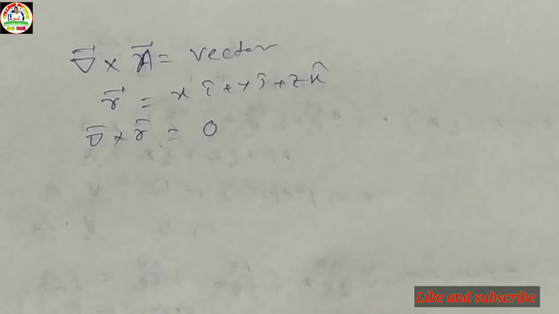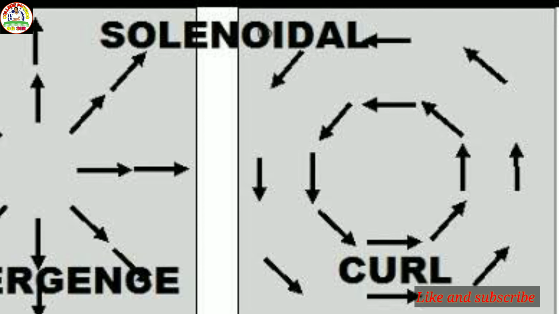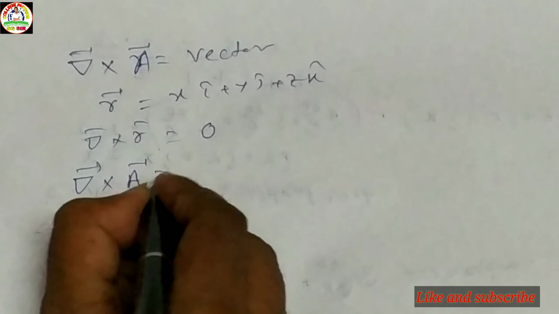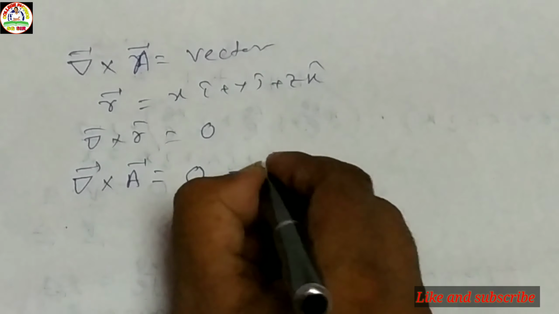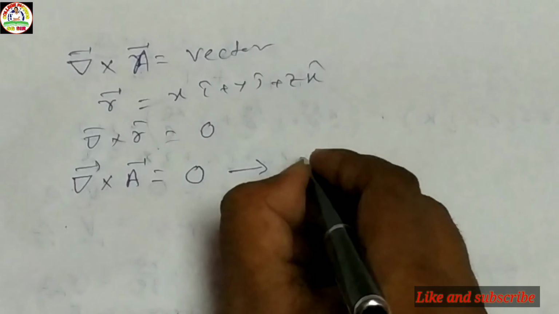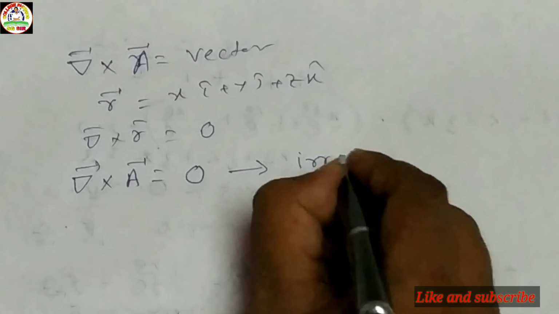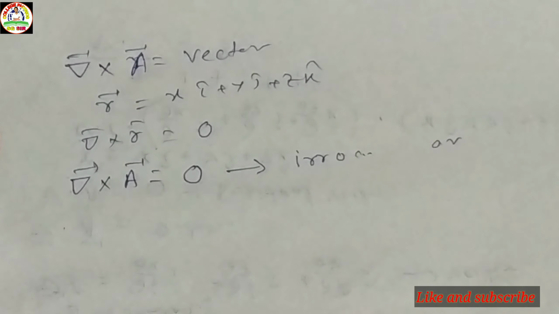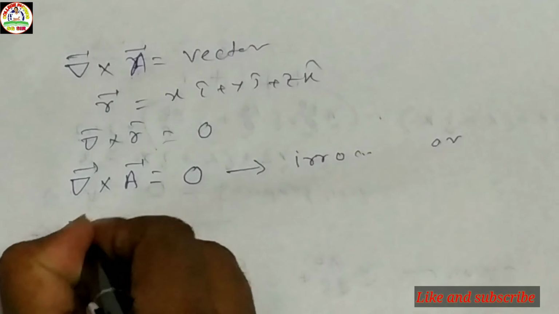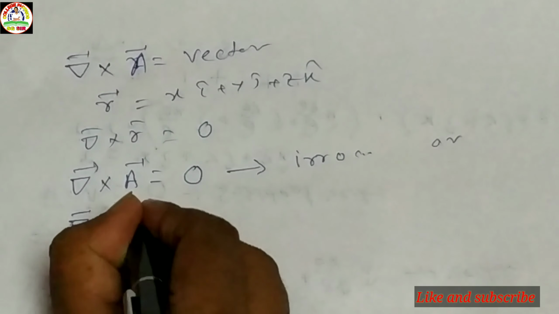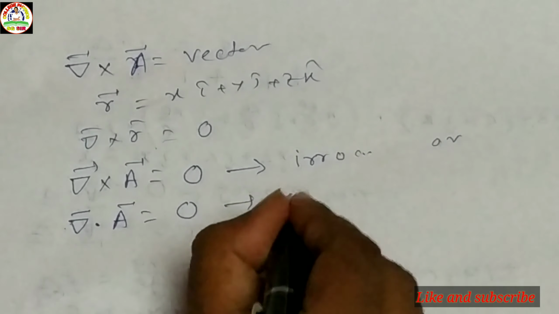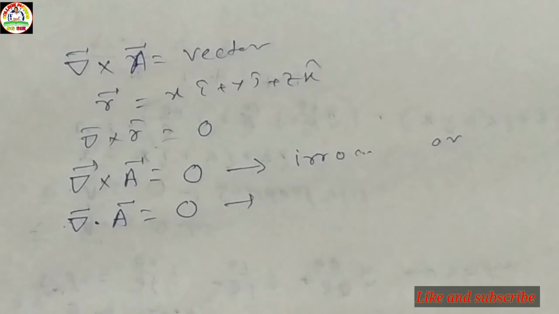Another thing to remember: if curl of a vector A is equal to 0, then this vector is called an irrotational vector or conservative vector. This is very important for entrance examinations. And also, if divergence of a vector equals 0, then this is a solenoidal vector.